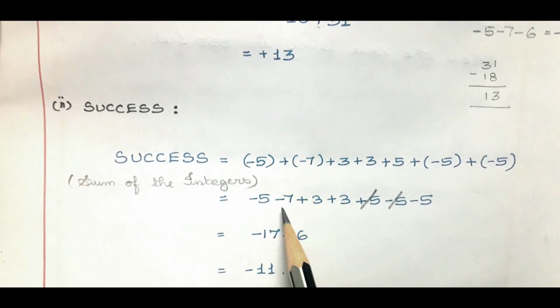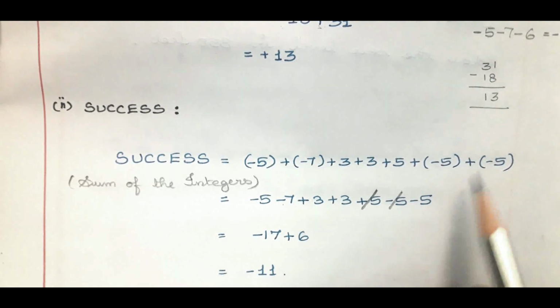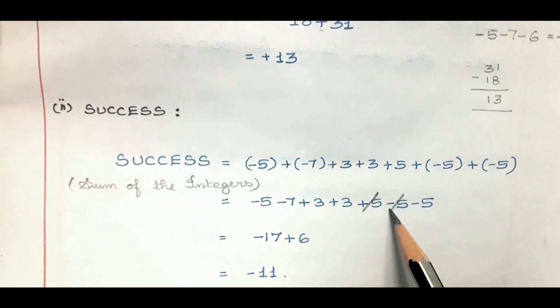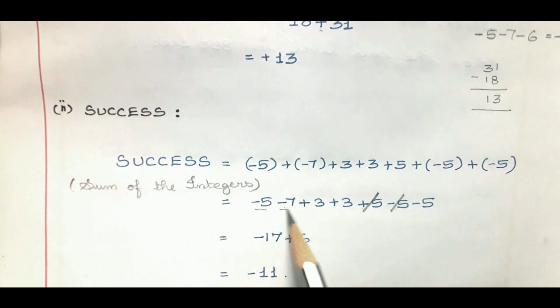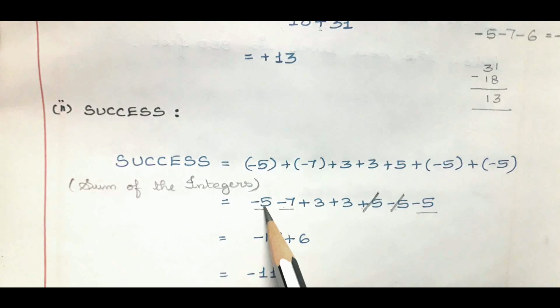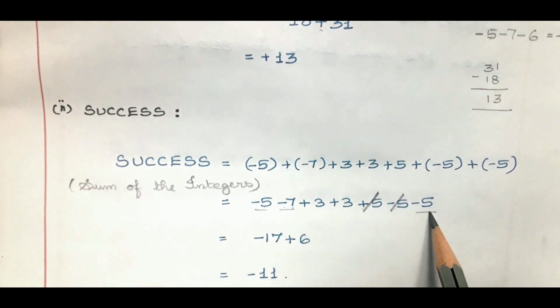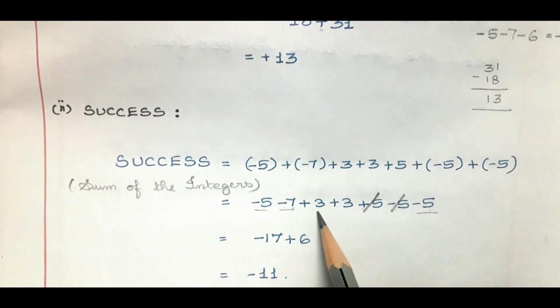So plus into minus is minus in each of these places. Now plus 5 and minus 5 automatically give 0, therefore we cancelled them. So for the same sign numbers, add them: 5 plus 7 is 12, 12 plus 5 is 17. Same sign, so minus 17. 3 plus 3 is 6.